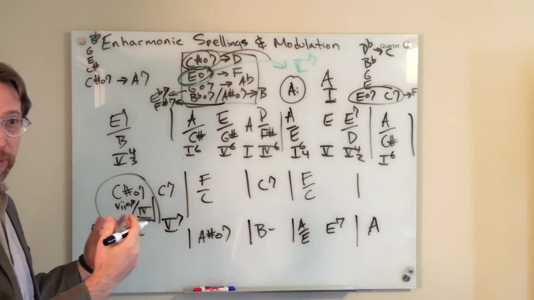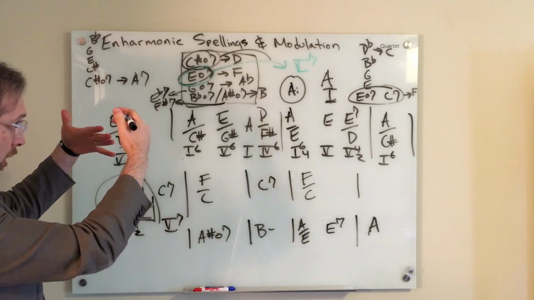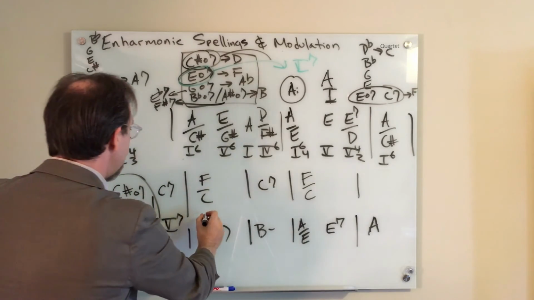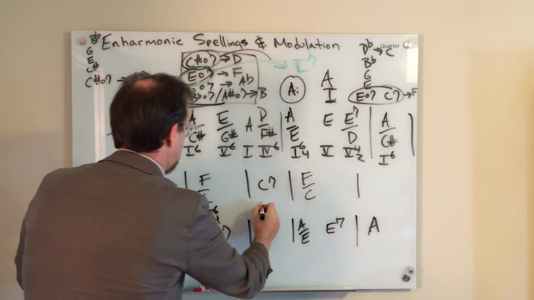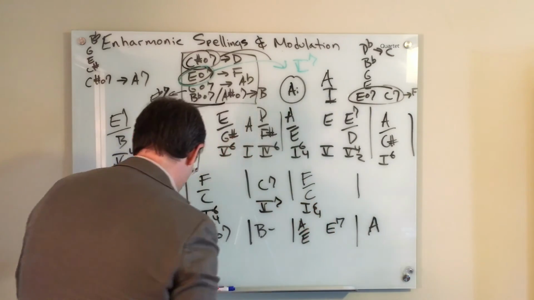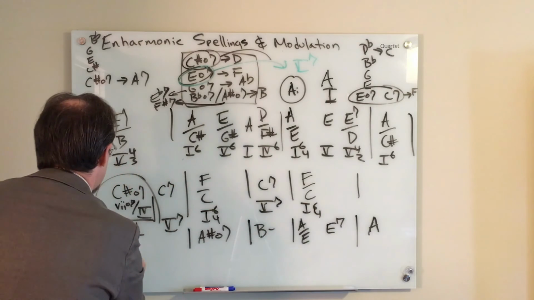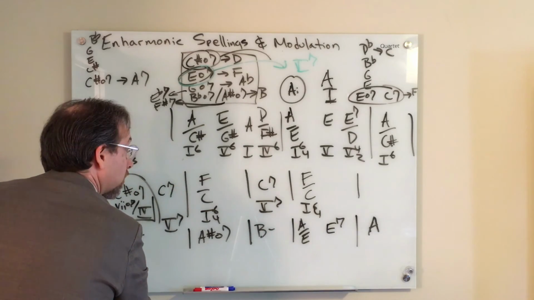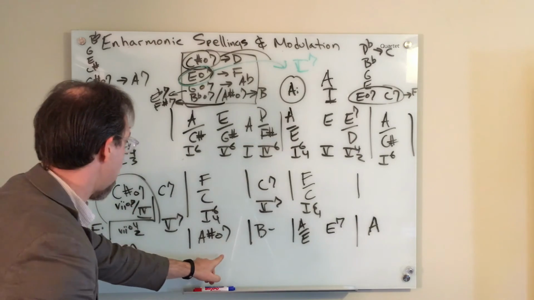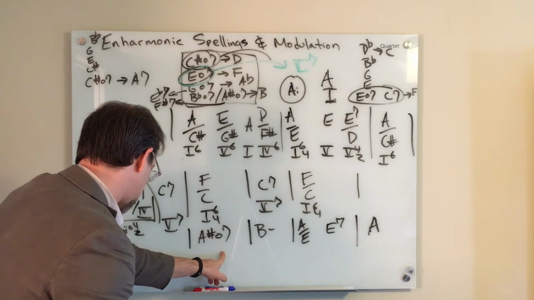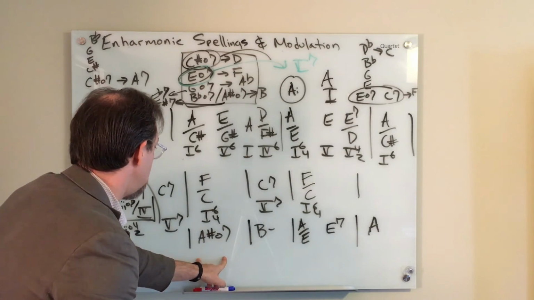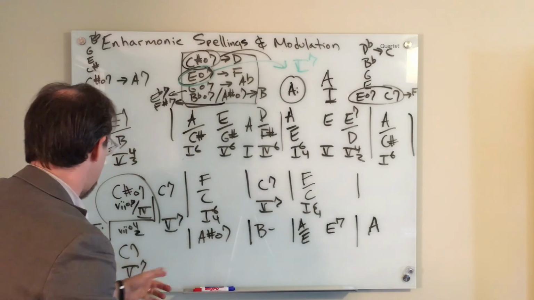And we can jump around between those functions, right? 7 diminished to 5-7, that's totally fine, right? And then we have 1-6-4, 5-7, 1-6-4, and we have the C7 here, so we're going to 5-7 again, and then we get to an A sharp diminished chord, A sharp diminished 7, but this does not really work in our key of F major.